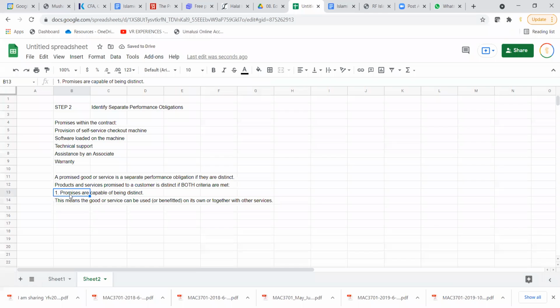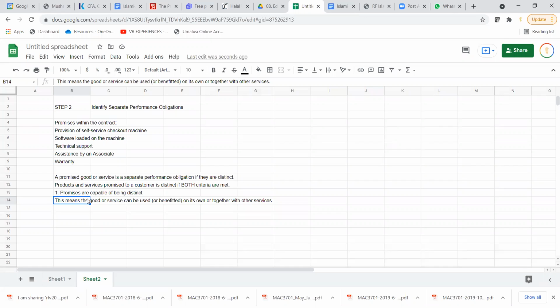So promises are capable of being distinct. What does that mean? It means the good or service can be used or benefited from on its own or together with other services. So let's go back to a cell phone contract. If you go buy your cell phone, are you happy that the phone can be used without taking out data and minutes?